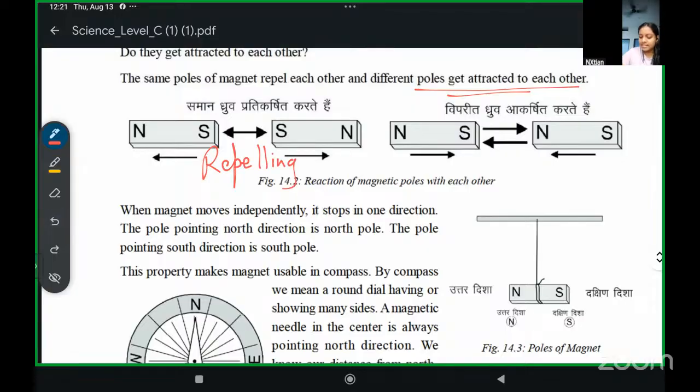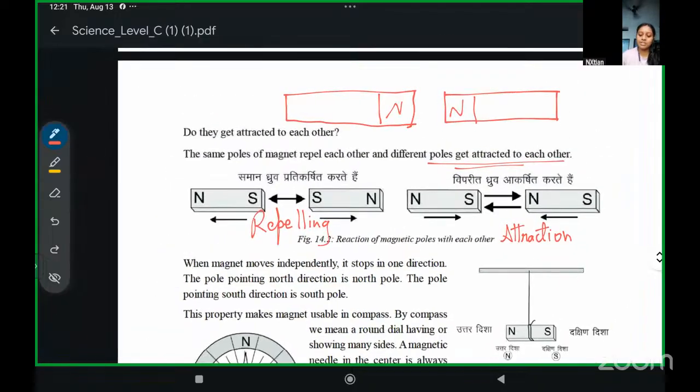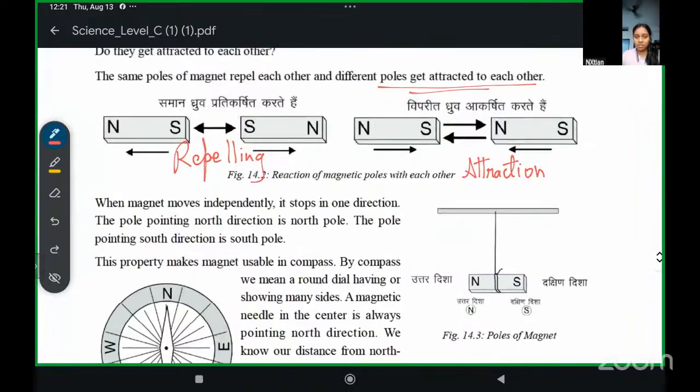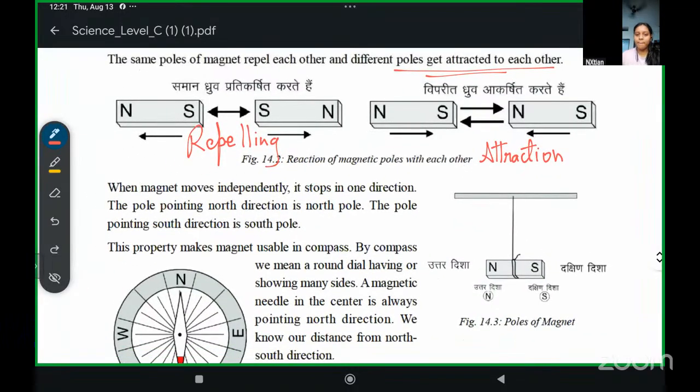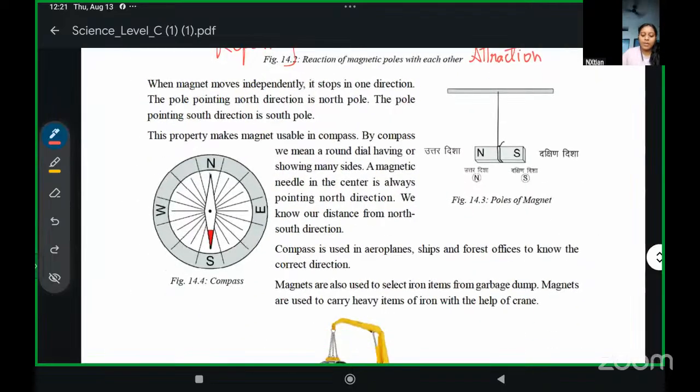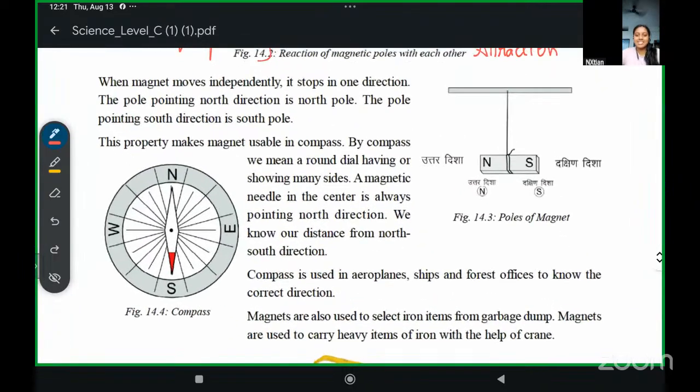And this diagram is of attracting. Repelling and attraction. So this is an important diagram for this concept of reaction of magnetic poles with each other.